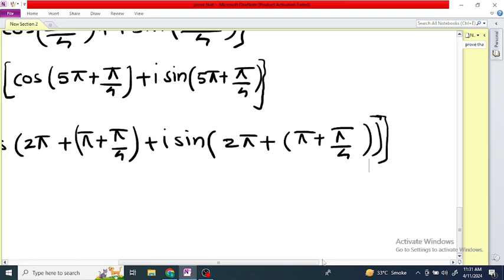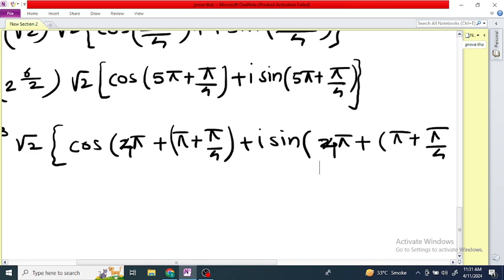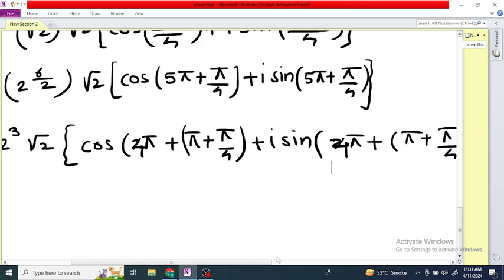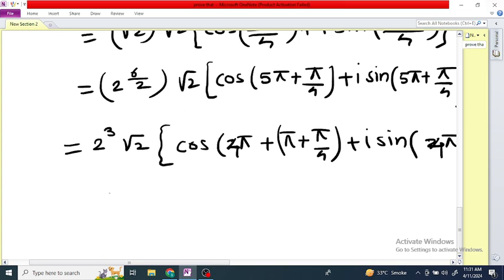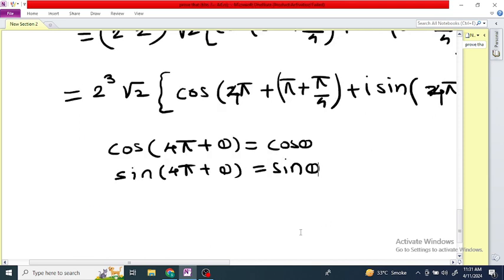Instead of 2 pi we write 4 pi, and we know that cos of 4 pi plus theta is equal to cos theta, and sin of 4 pi plus theta is equal to sin theta. So by using this formula, first of all we have to simplify this: 2 cubed is 8, times root 2 inside the bracket.